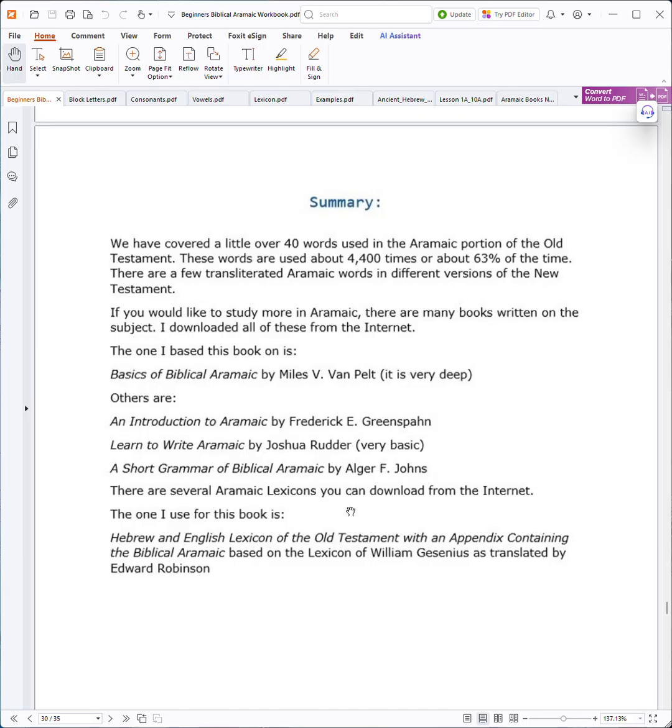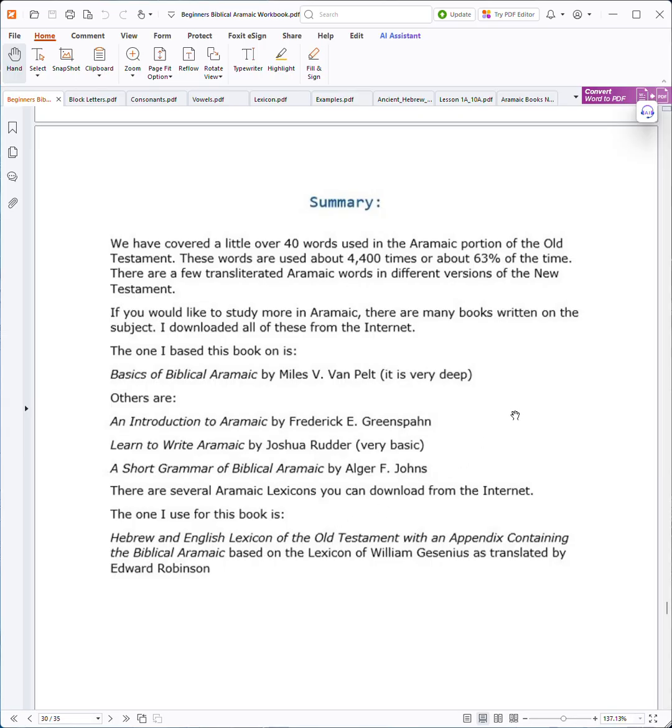There are several Aramaic lexicons you can download from the internet. One of them is Hebrew and English Lexicon of the Old Testament. And then there's a lexicon of William Gesenius. So there's several of those that you may be able to access or download on the internet.